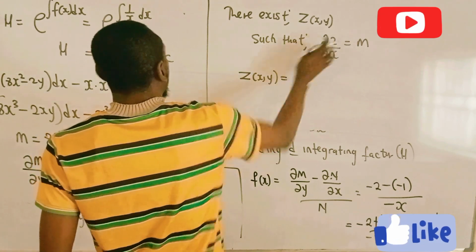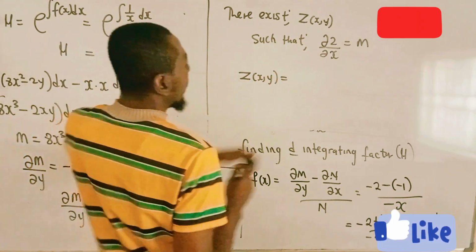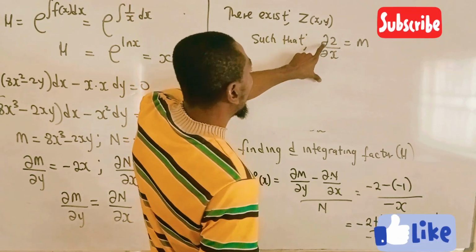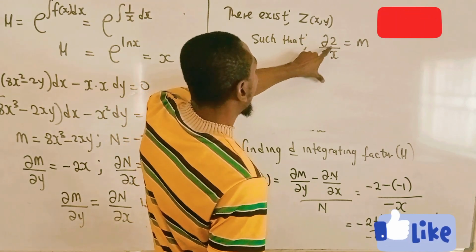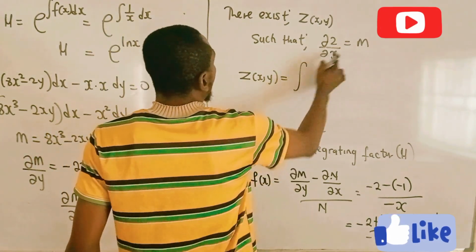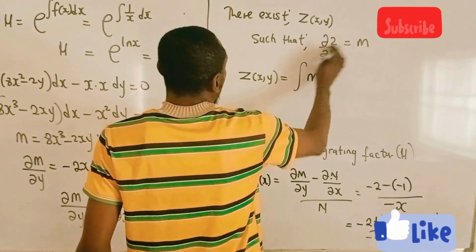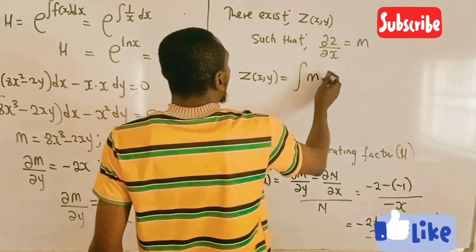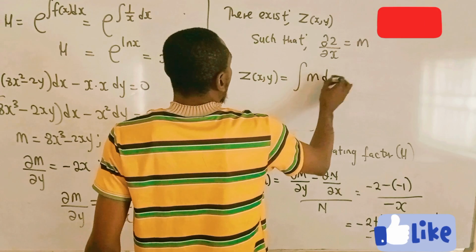Of course, when you integrate a partial derivative, it will give you the normal function z. So integrating the partial derivative of z will give us z, which is equal to the integral of m with respect to x.